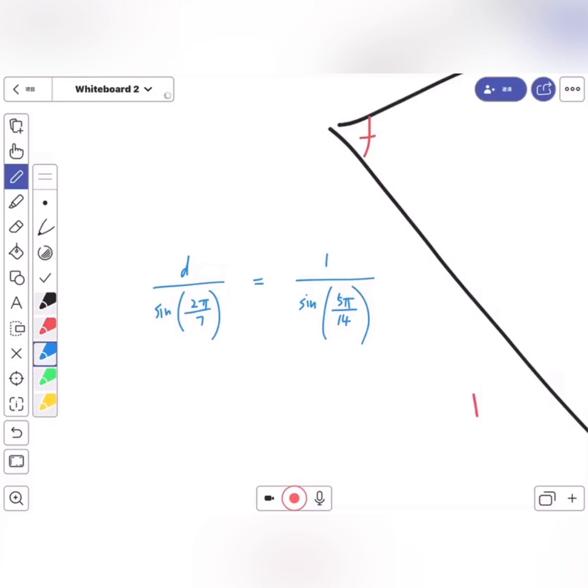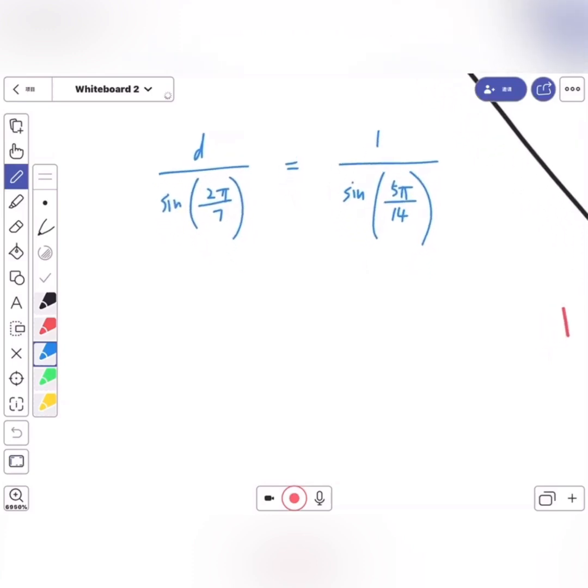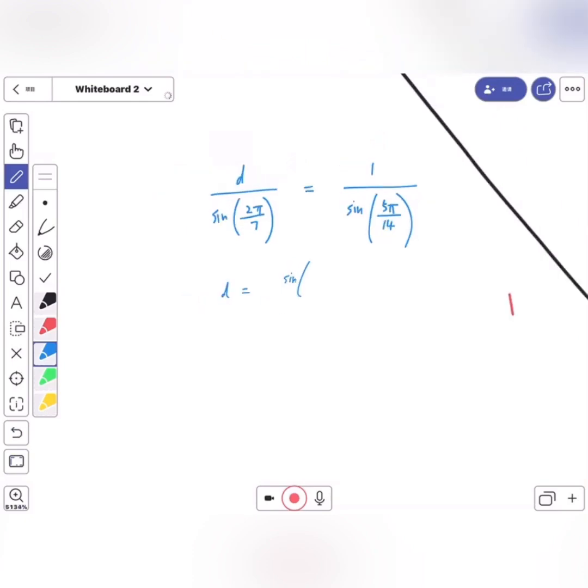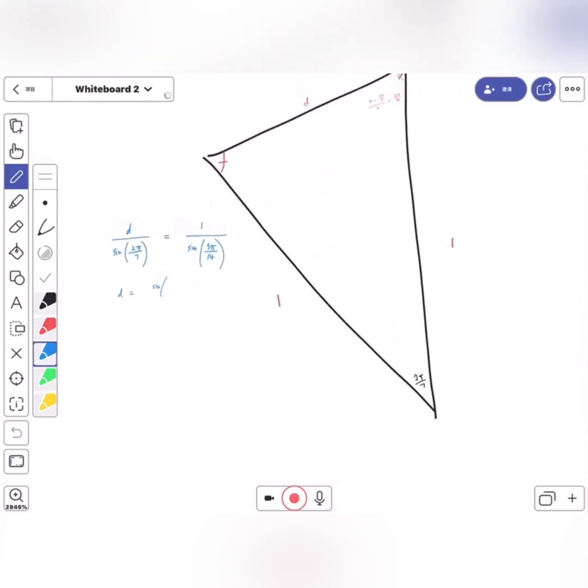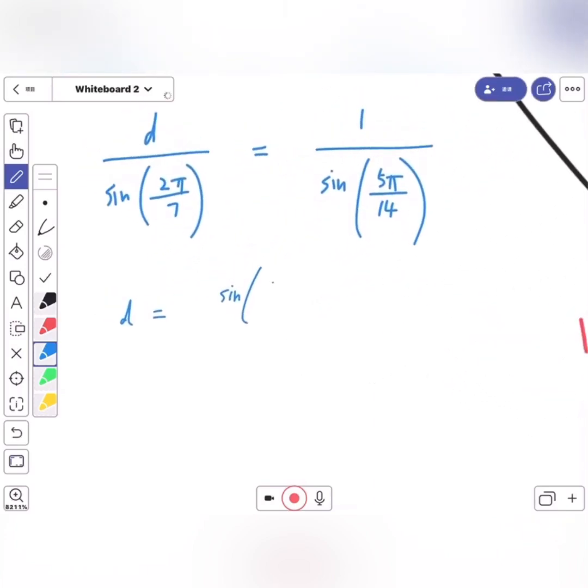Okay, so now we're just going to isolate d. Oh wait, d is equal to sine of 2 pi over 7 over sine of 5 pi over 14.